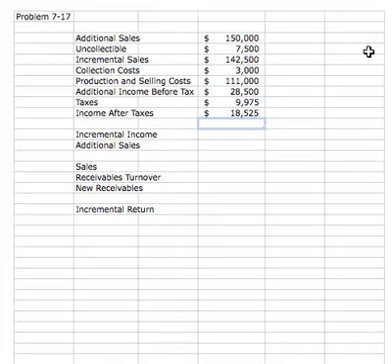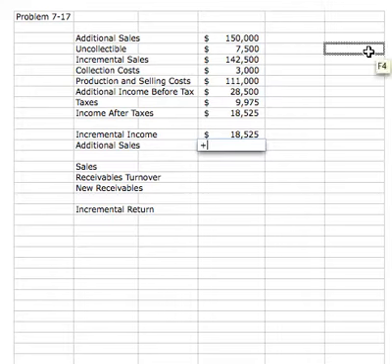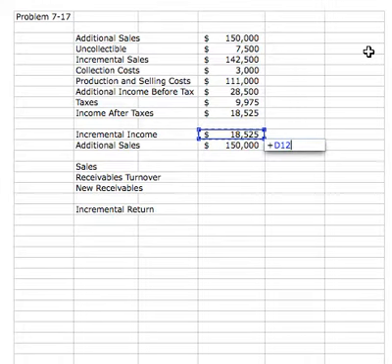All right, so incremental return on sales will be our incremental income, which is $18,525, divided by the additional sales figure that we have. That'll tell us what our incremental return on sales will be. So if we divide 18,525 by 150,000, our incremental return on sales is 12.35%.